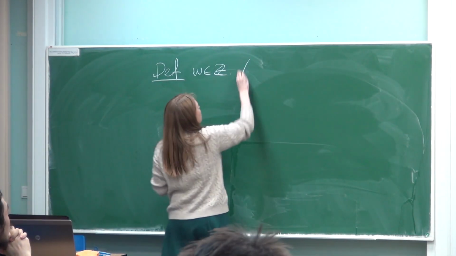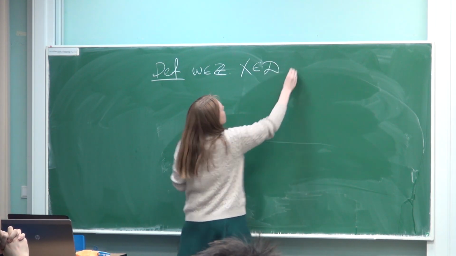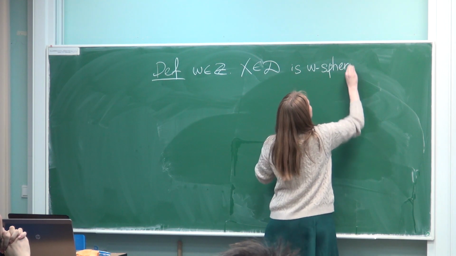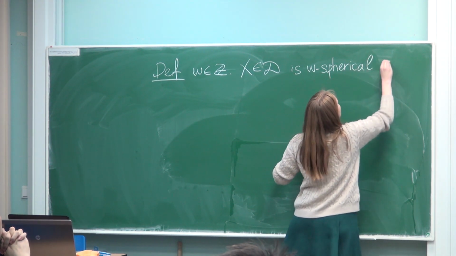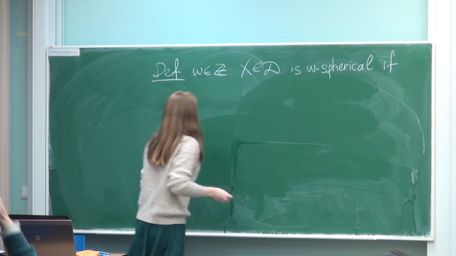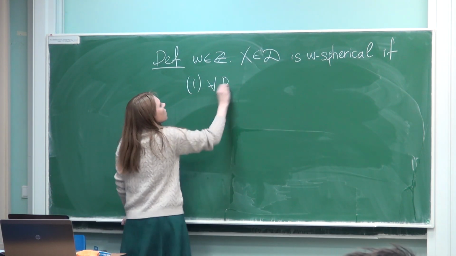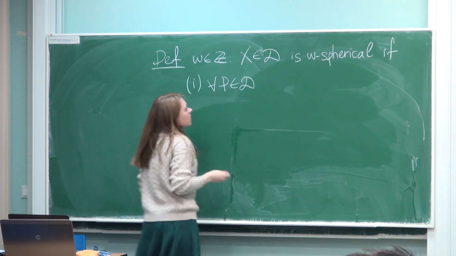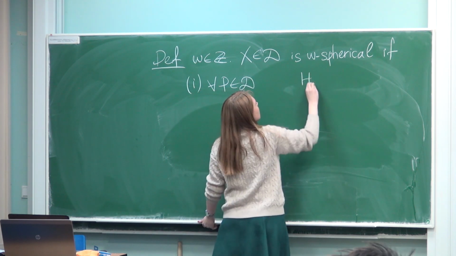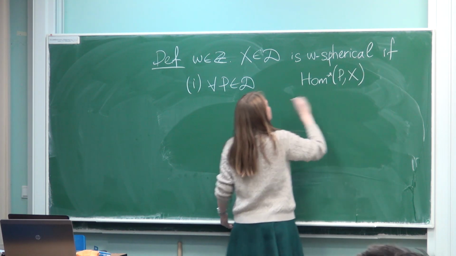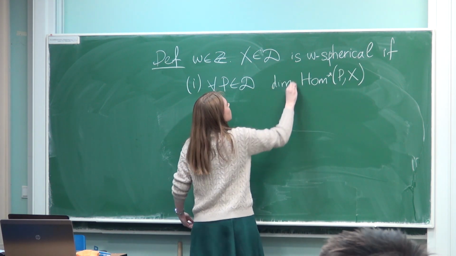We say that an object X of D is omega-spherical if the following three conditions are satisfied. So first, for every object P of D, the total Hom space from P to X is finite dimensional.